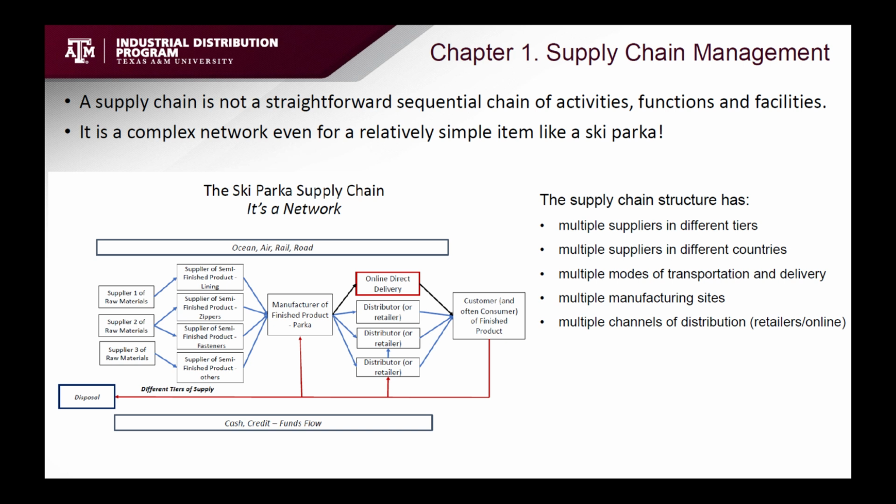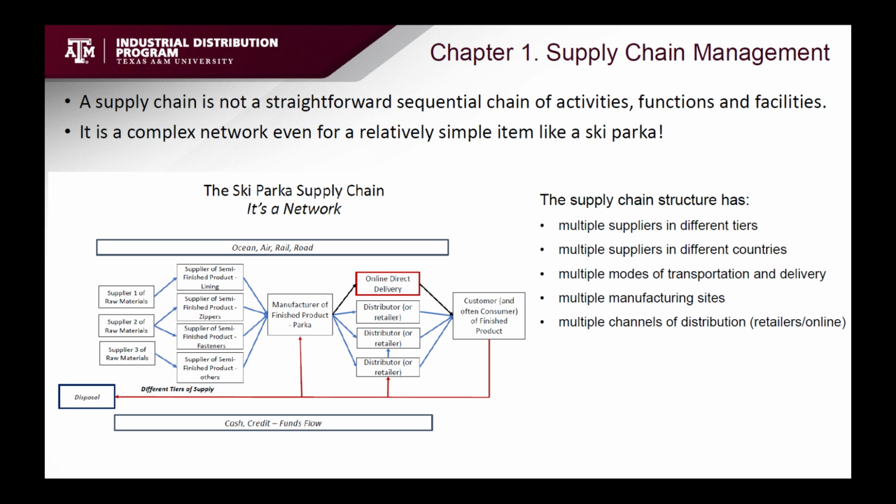Even for our simple parka, you've got multiple raw material suppliers feeding multiple semi-finished suppliers who all feed into one parka manufacturer, who then ships through multiple distributors, plus an online direct delivery channel that bypasses the distributor entirely. The structure has multiple suppliers in different tiers, often in different countries, using multiple modes of transportation, feeding multiple manufacturing sites, and reaching customers through multiple channels.